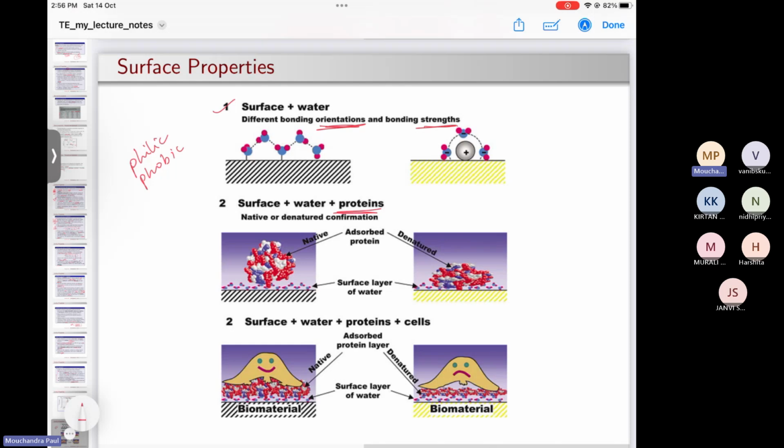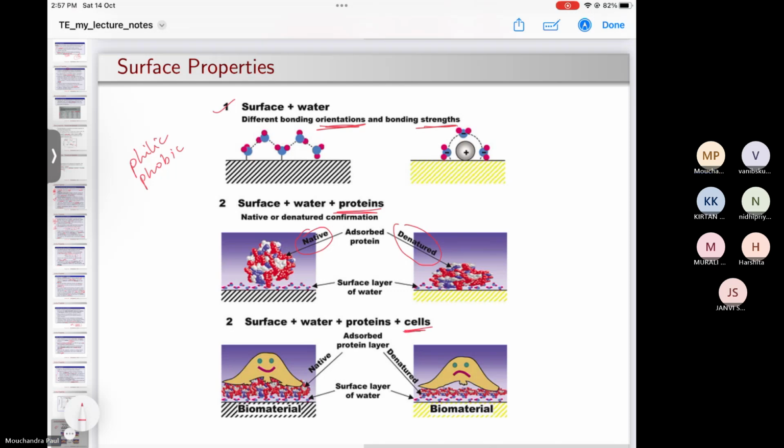It can either adsorb in such a way that the native structure of the protein remains intact, or it can adsorb in such a way that the protein structure becomes denatured. Okay, so these are the two ways in which the protein can adsorb on a layer of water molecules. Then comes the cell.